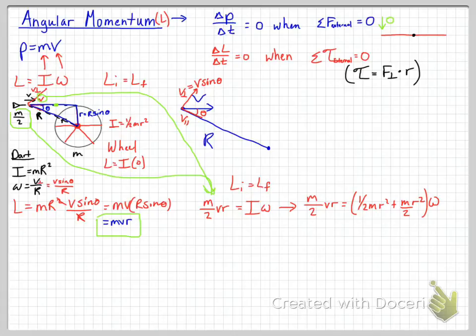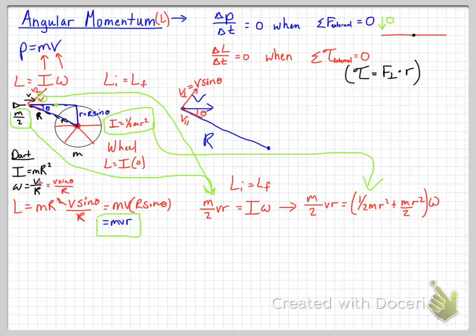The moment of inertia afterwards is the moment of inertia of the wheel, which is 1/2 mr squared we have from here. So we will plug that in. And then that will be added to the moment of inertia of the dart spinning around the wheel, which is going to act like a point mass.